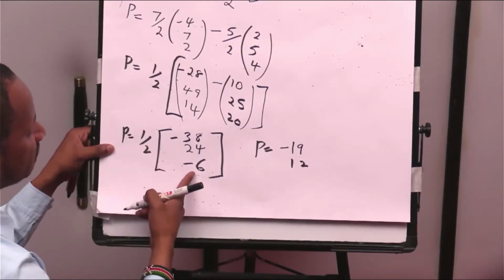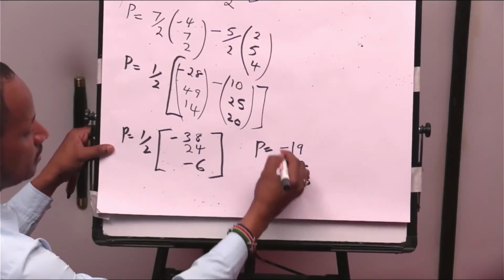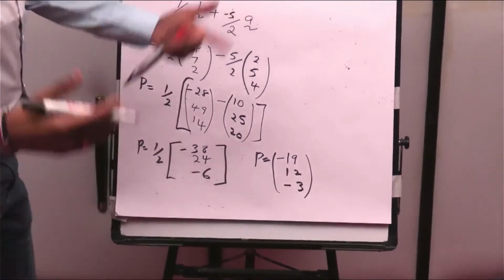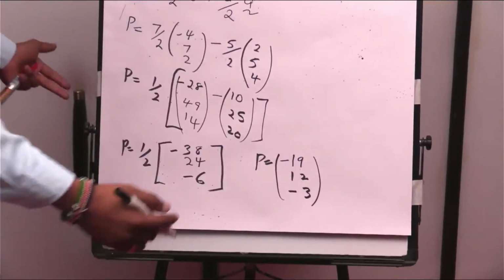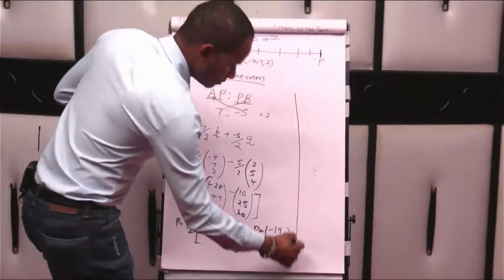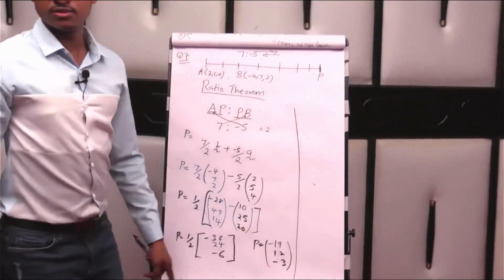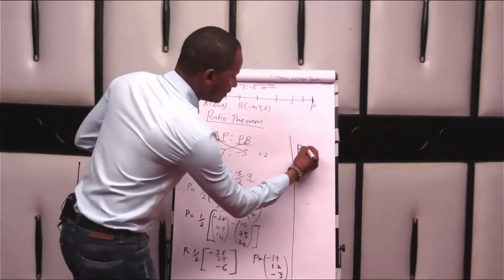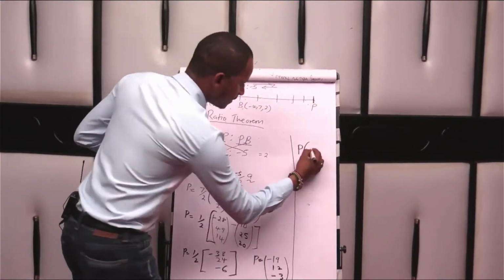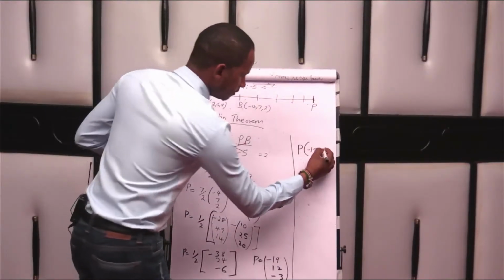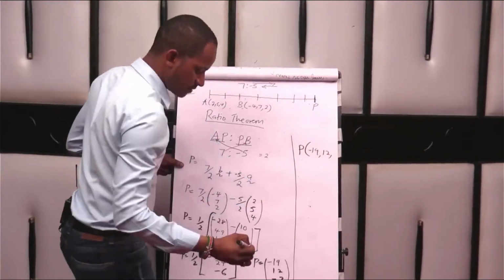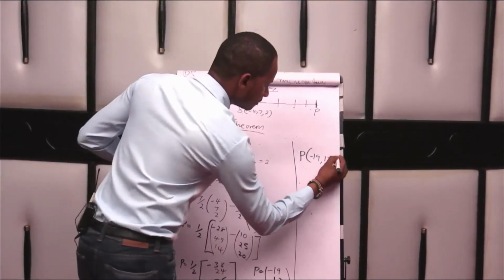Then a half of minus 6 is minus 3. Remember, this is in column vector form. So you are asked the coordinates of P. How do you write your answer? Because if you leave it like this, it's still wrong. This is not in the coordinate form. In coordinate form, you write the coordinates of P as P(-19, 12, -3).